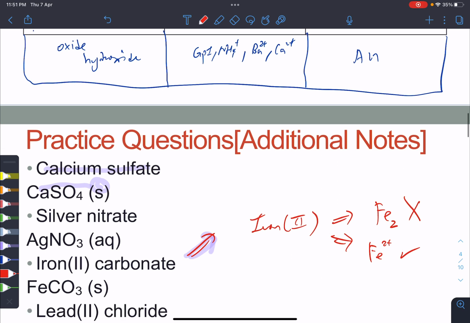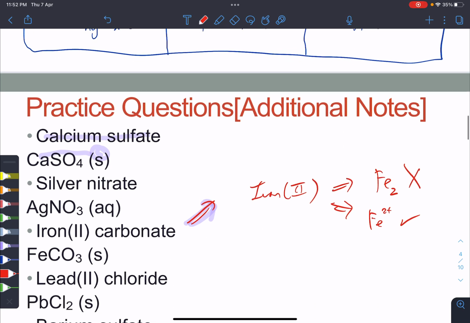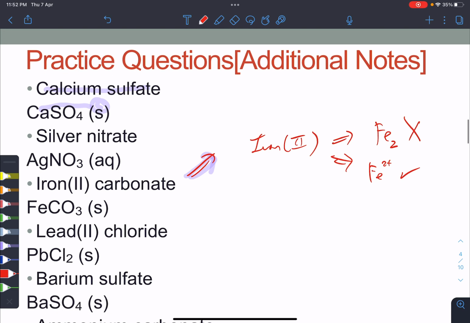Next example, lead(II) chloride. Pause the video and write your answer. Unpause the video. PbCl2 (s). Cool. Next example, barium sulfate. Pause. Unpause. And it is solid, insoluble as well.